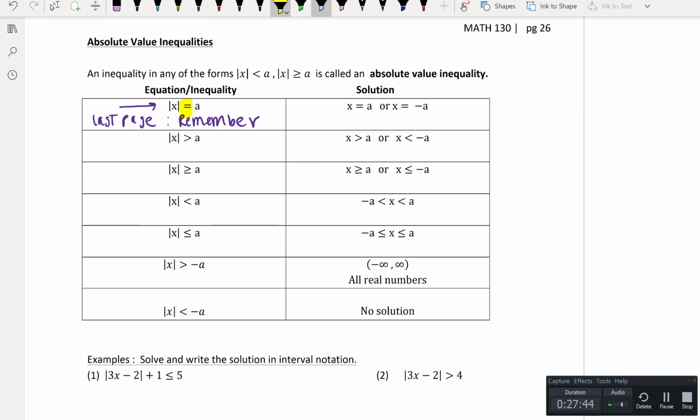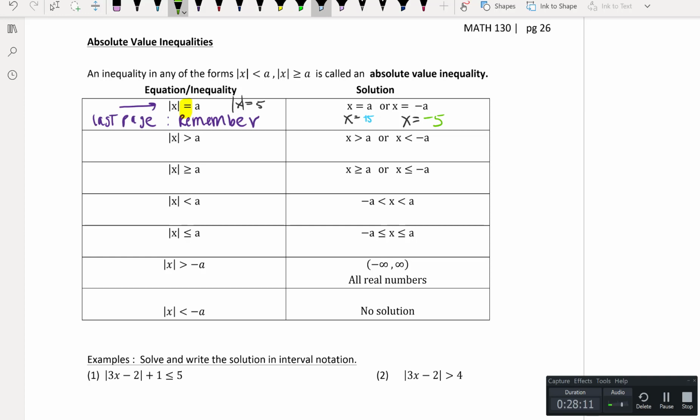That's because it had the equal sign. Then we knew it was going to equal the positive or the negative of that value. So I said, for example, if the absolute value of x is equal to 5, then we'd have x is equal to a positive 5. And I also said that x was equal to a negative 5, right? That's how I split it up. That's what I just talked about.